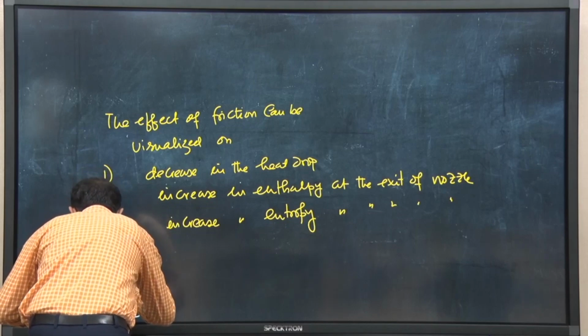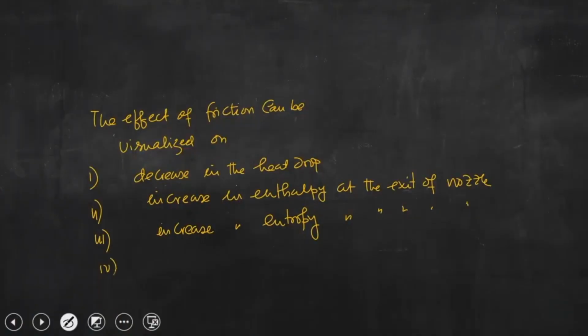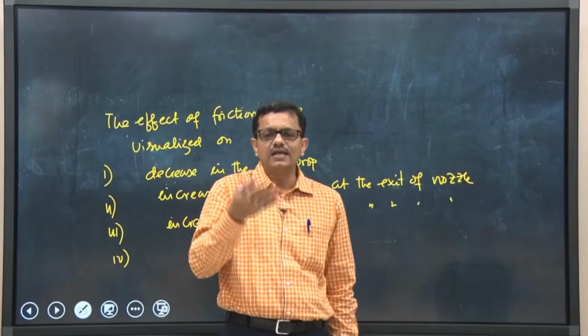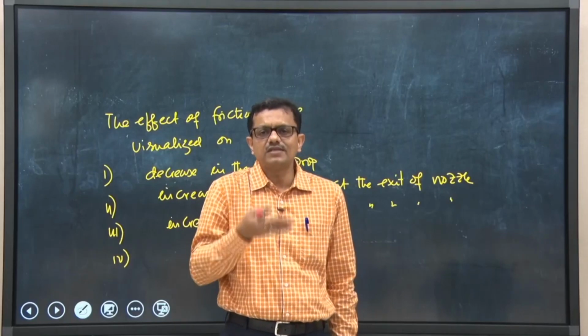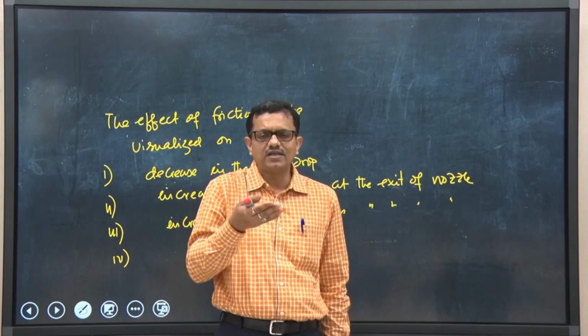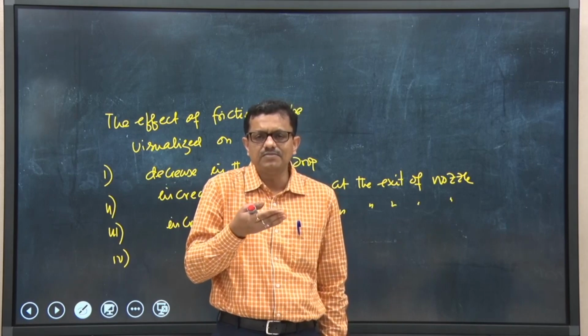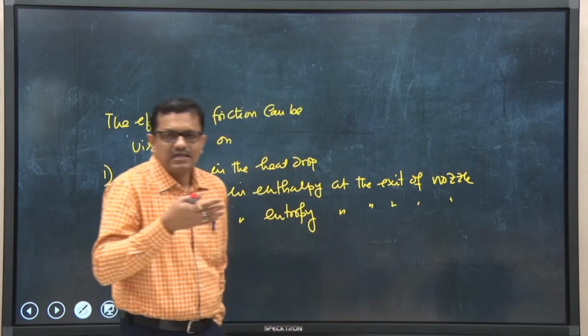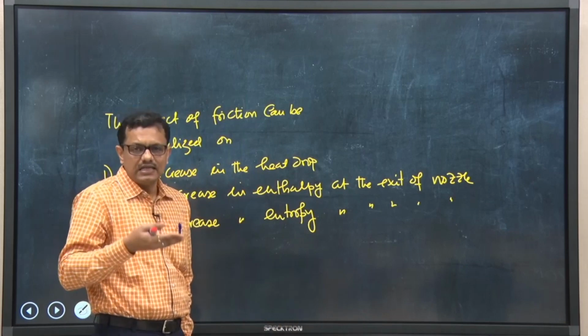we also can write, we all have studied in fluid mechanics, if frictional heating is there due to viscous dissipation, that viscous heating will increase the temperature of the fluid.